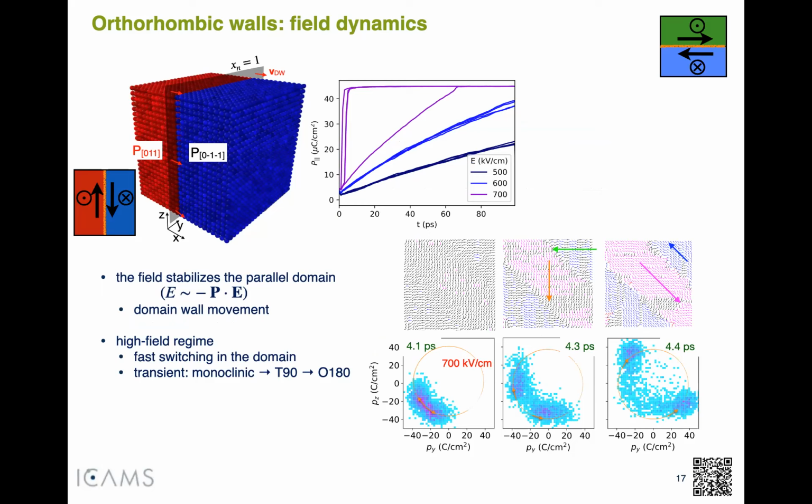And again, this is a multi-step procedure, and again, it's happening on a local level. But what we now have is that in the center of the domain, the dipoles are rotated in the polarization space to a monoclinic phase, then to tetragonal 90-degree domain walls, orthorhombic domain walls, and they very quickly cross this high energy barrier for this process and switch to the final state.